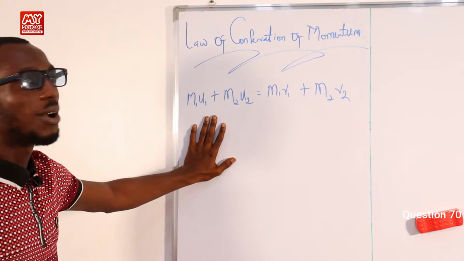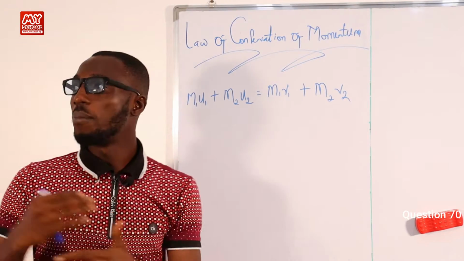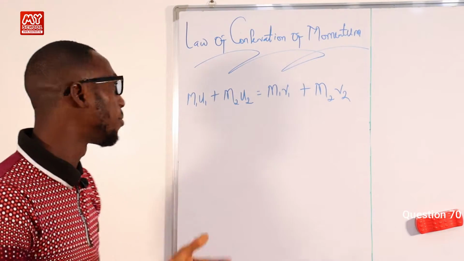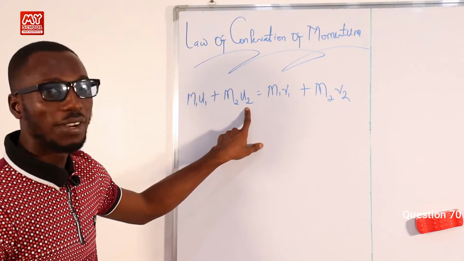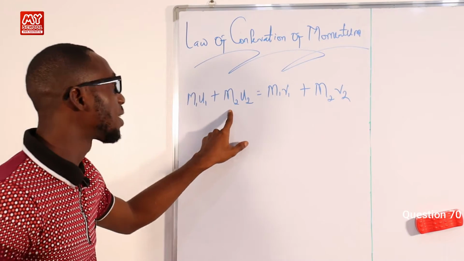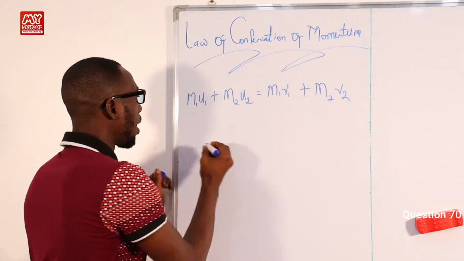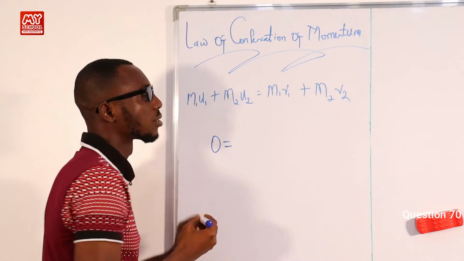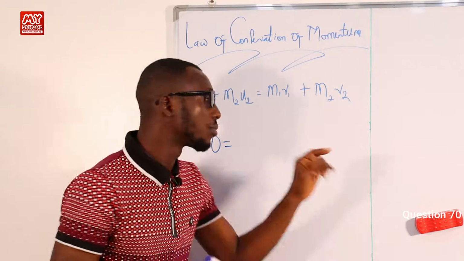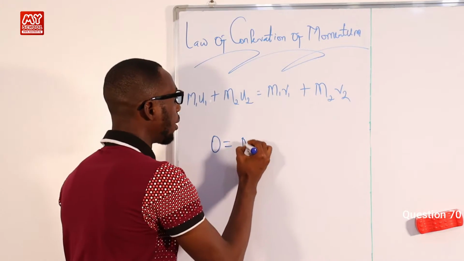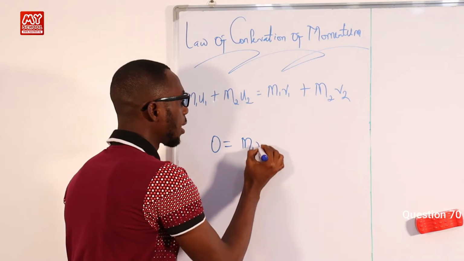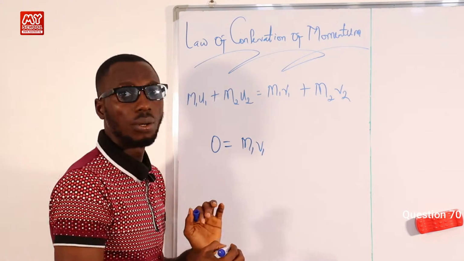So the question tells us that it's from rest, okay? From rest. So that means the velocity here is 0. 0 times m, that is 0. So practically on this side we have 0 equals, we are told that one of the particles is m1 with velocity v1, okay?